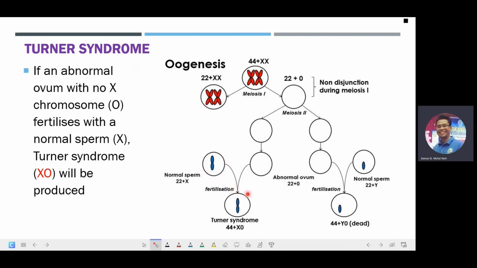As a result, an abnormal zygote with only 1 X chromosome will be produced, and this zygote will develop and grow to become an individual showing Turner syndrome.